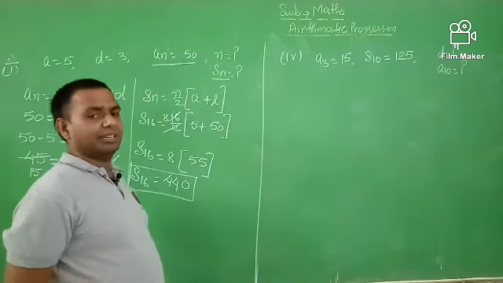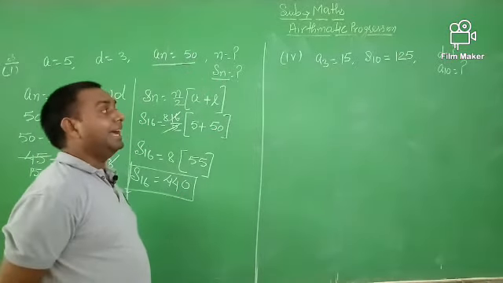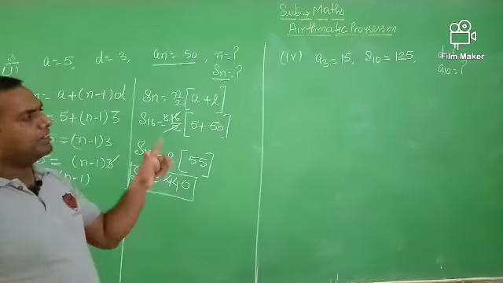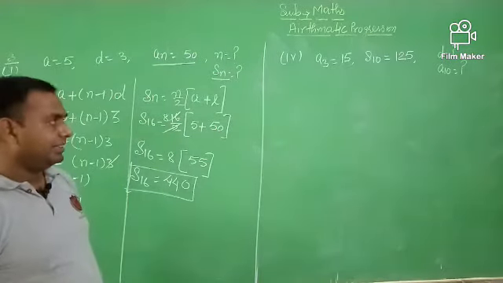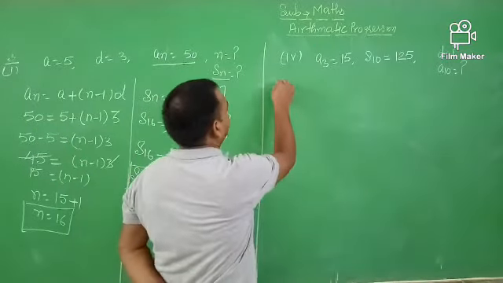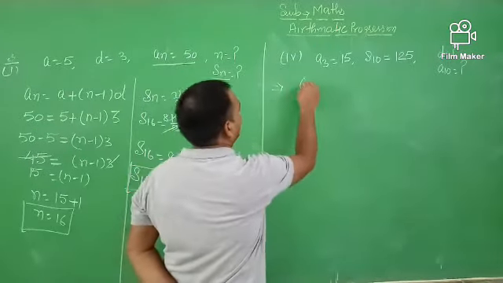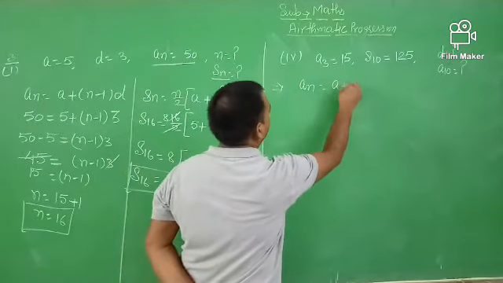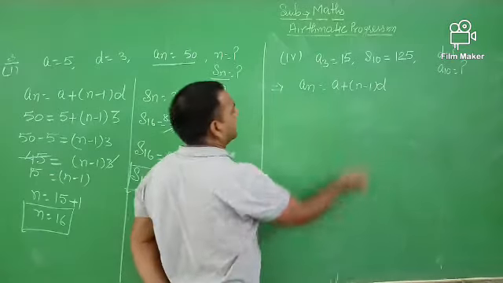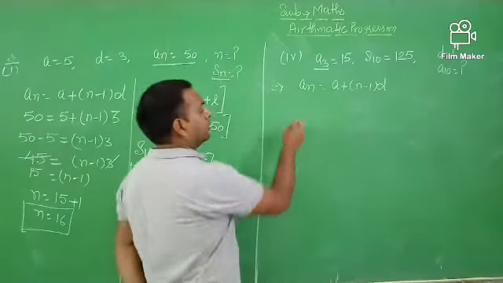Here a3 is given, a3 means the third term, S10 means the sum of the 10 terms is given. Then how can you find the d and a10? So first you find the formula for the nth term. An is equal to a plus n minus 1 into d. Here the value of An is equal to A3.